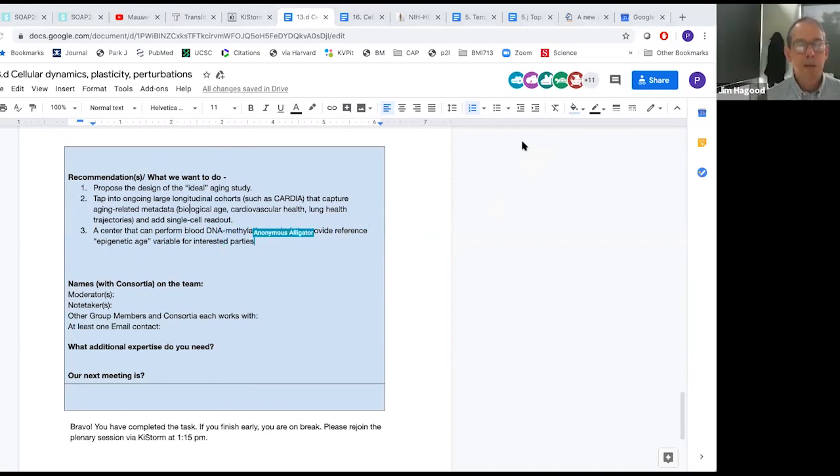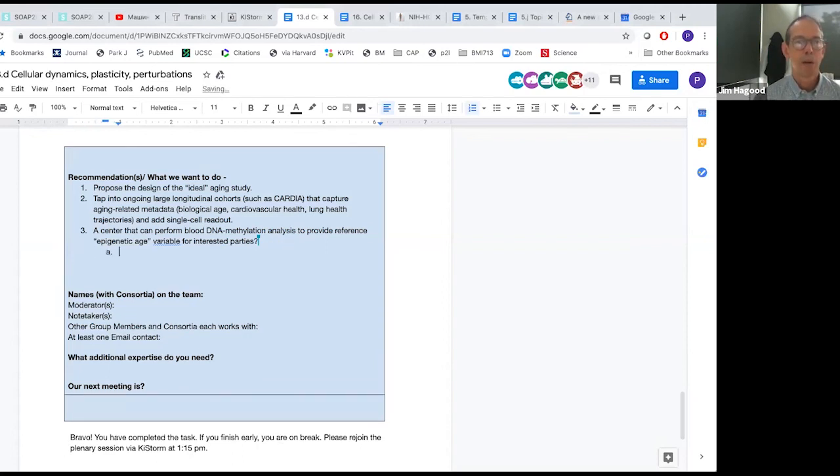There are many discussions of metadata within this conference, and so just making sure that we communicate with the other groups that are looking at that, and be sure that there are some important aging hallmarks that are captured.